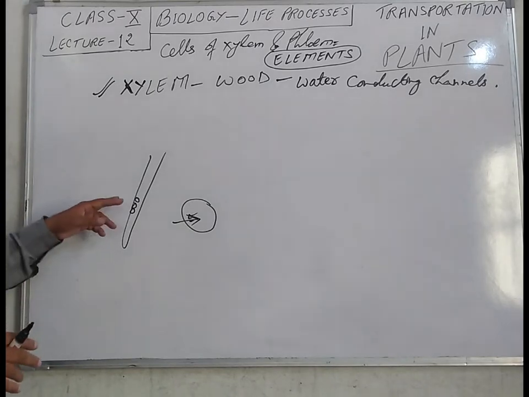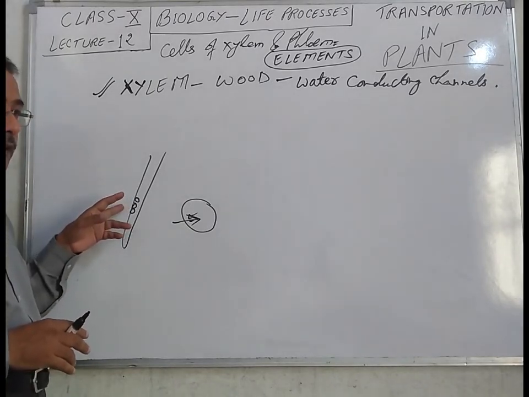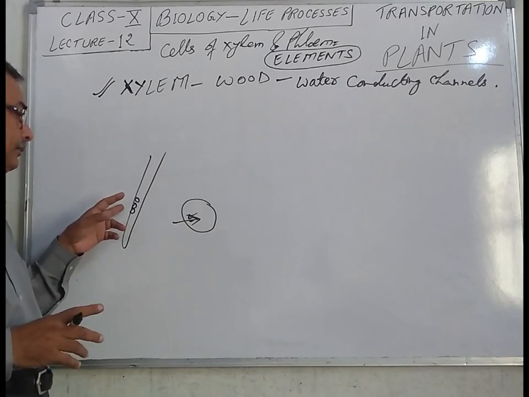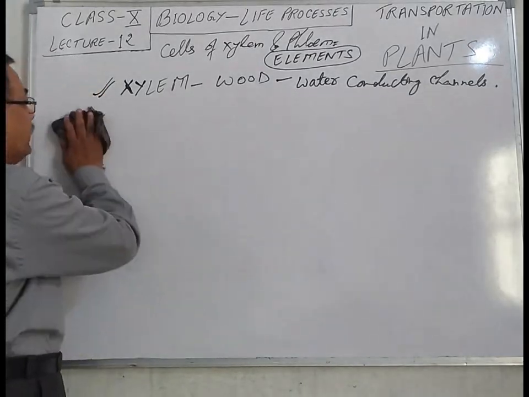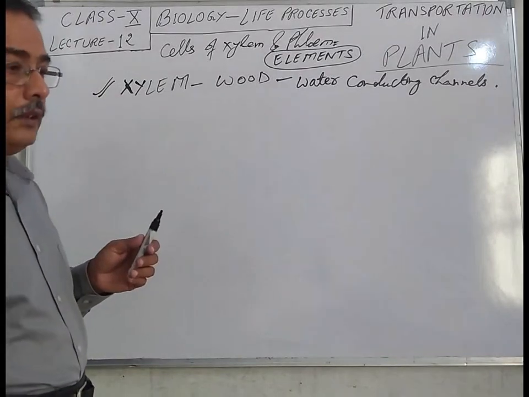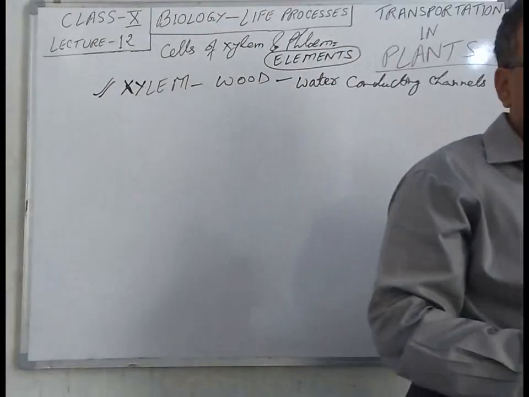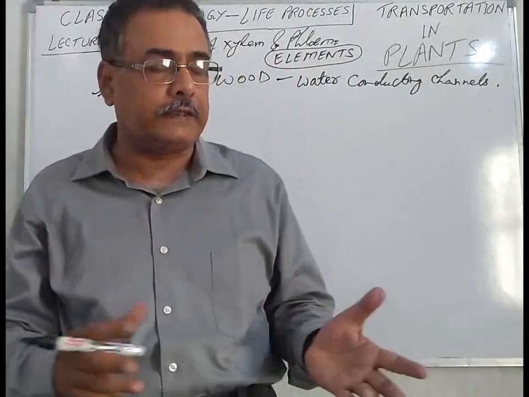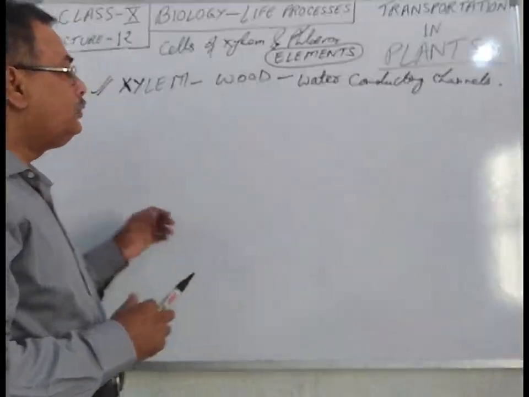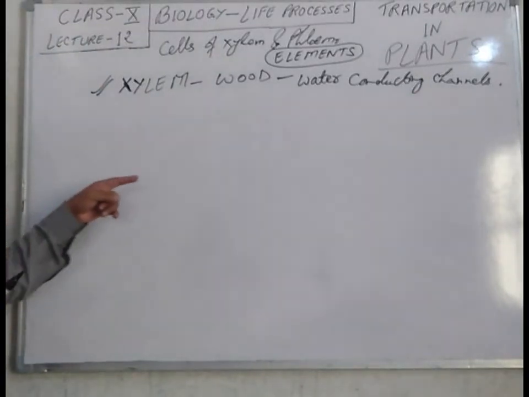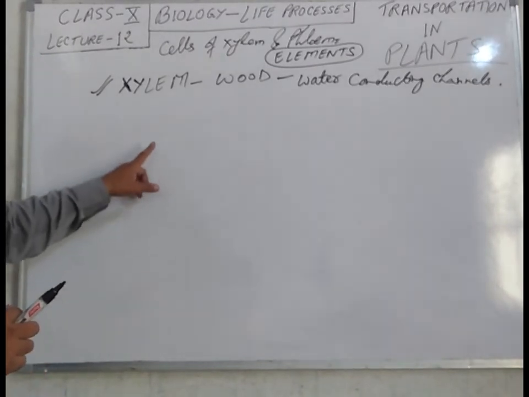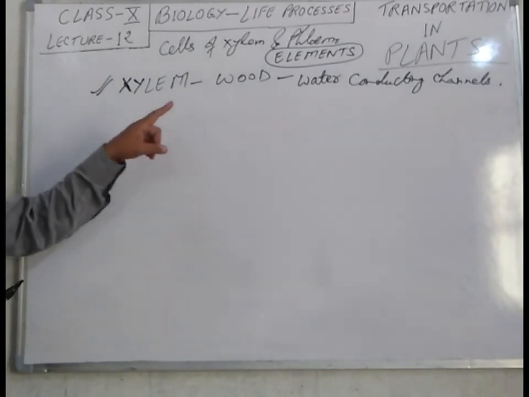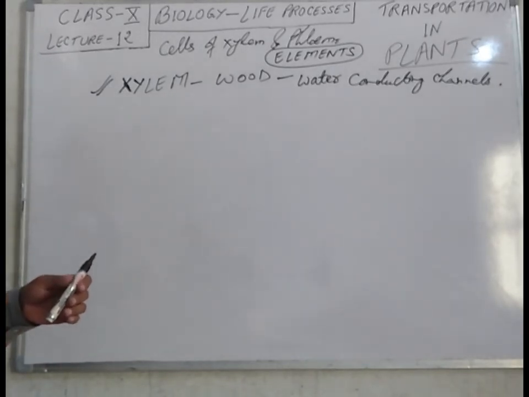What did I tell you? Root cells continuously take up ions, and due to this there is a creation of ionic concentration inside cells. The concentration of ions is greater than outside, so to minimize this, water enters into the cells of roots, and from there it comes into the stem, and from there into the leaves, and through leaves it is evaporated, it is transpired.